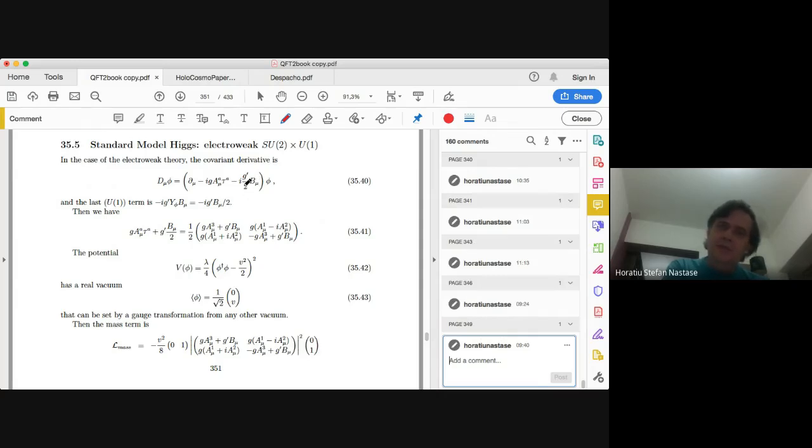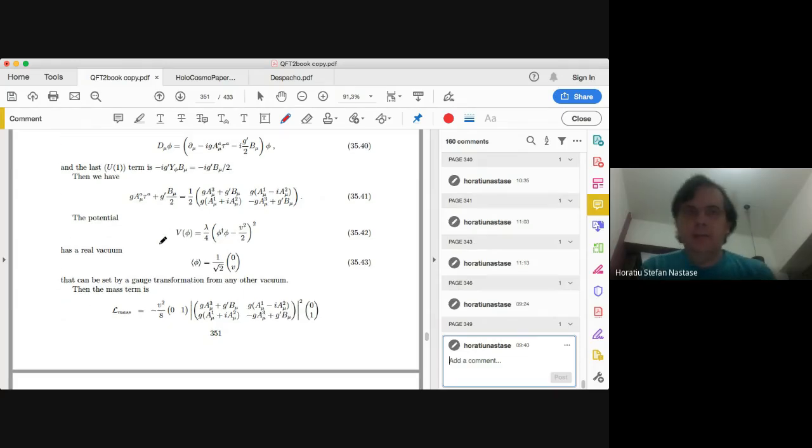So this is a normalization, but the normalization is supposed to mean that there's a hypercharge Y for the field phi that is 1/2, right? So the hypercharge of the Higgs field is 1/2, and B mu is the gauge field associated with U(1).